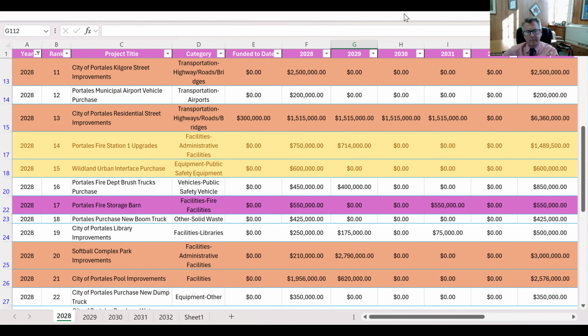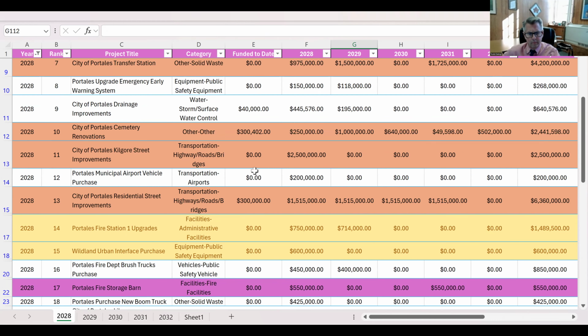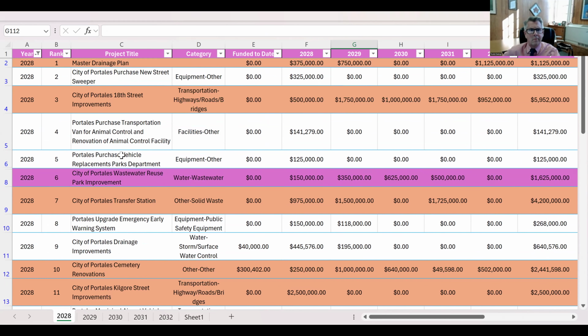I guess why I was asking on the non-colored ones, the white ones, is that on number 4, we've got purchase, transportation van, animal control and renovation of animal control facility. We got a new animal control facility and we got a van that was donated to us. Is it not functioning?